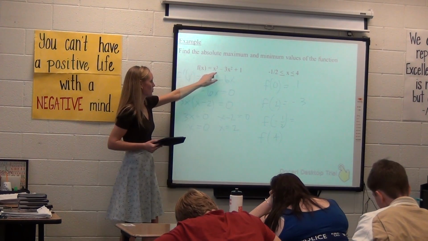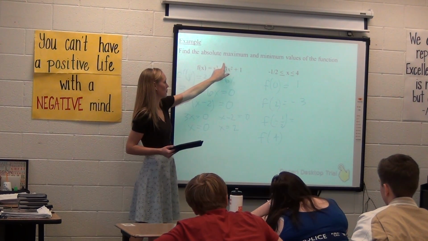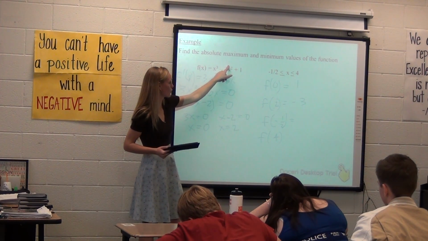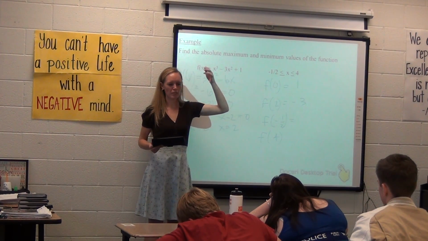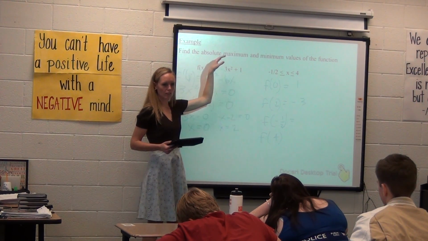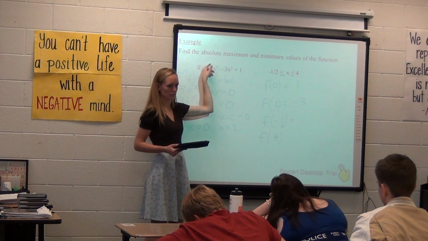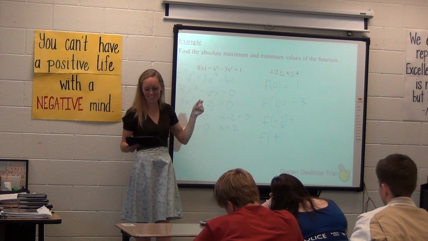F of negative 1/2 is going to give me negative 1/8 minus 3/4, plus 1. I need a common denominator of 8 throughout all of that. So negative 1 minus 6 plus 8 over 8.